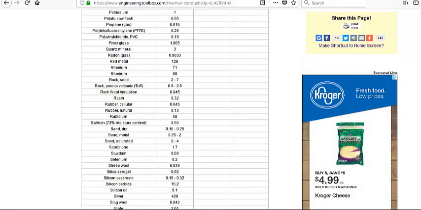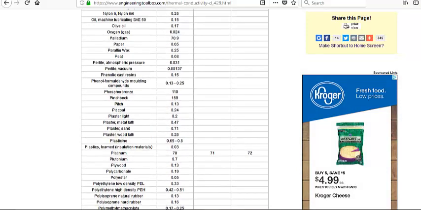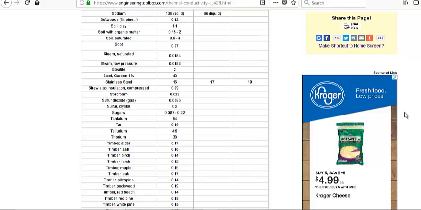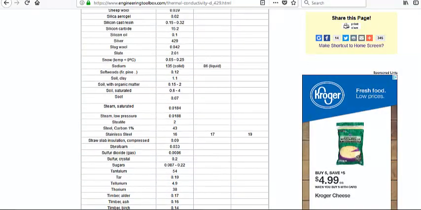But let's see. What else is there in here that might be interesting? Silver. So silver is a good electrical conductor, and I don't know whether that's on my list here or not. Silver, yeah, 429. So all the things that are good electric conductors are typically good heat conductors.